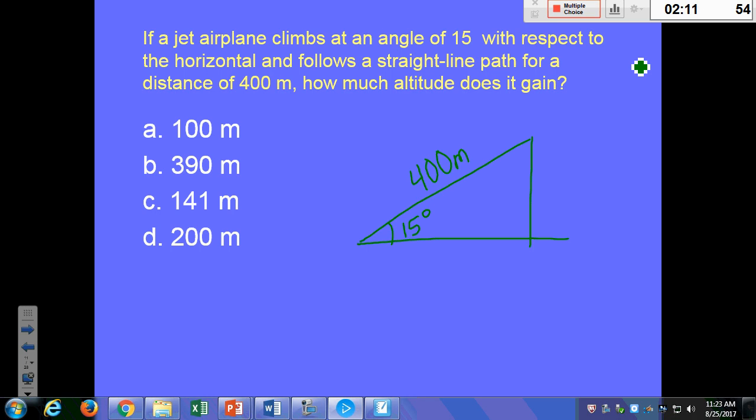All right, feel free to ask your neighbors. We're going to stop at 2:25. 10 seconds. If you don't know the answer, just guess, okay? It's better to get it wrong than not answer at all.